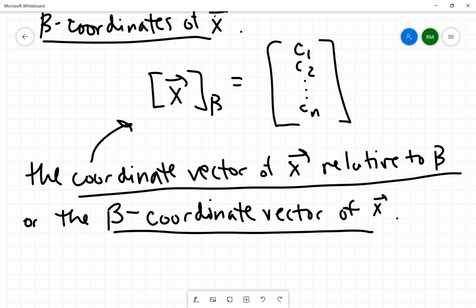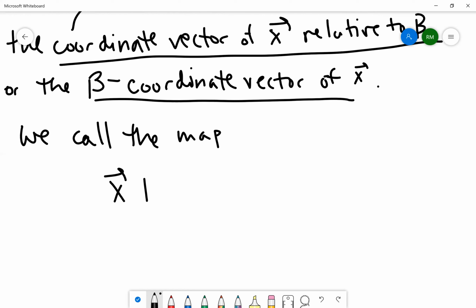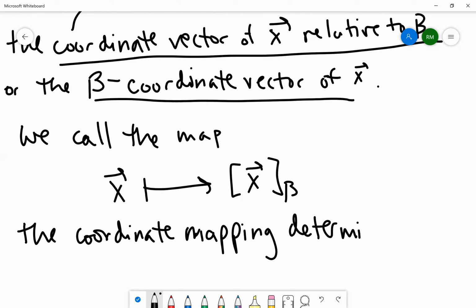And last but not least, we call the map where we send the vector x to the coordinate vector of x, the coordinate mapping determined by beta.